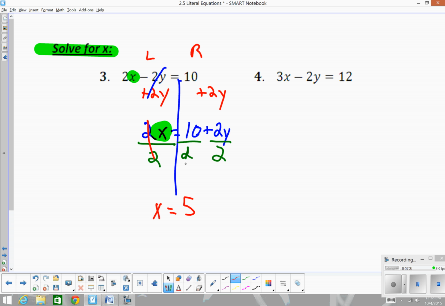Now, if that was just a fraction that I couldn't divide straight down, you would just have to simplify that. Okay, good. Now, plus 2 divided by 2 is 1. So I'm just left with plus 1y or just y. Okay, cool. So now I have an answer that looks something like that. That's x equals 5 plus y.